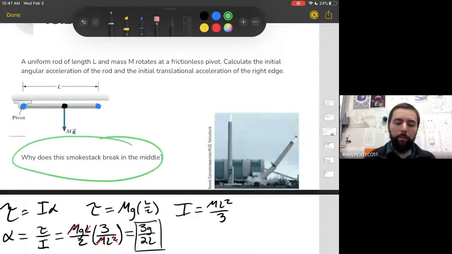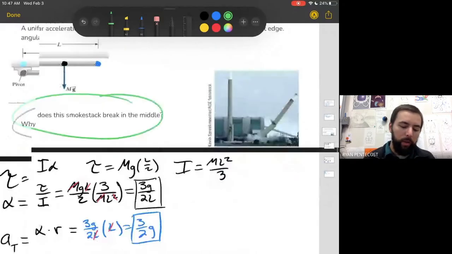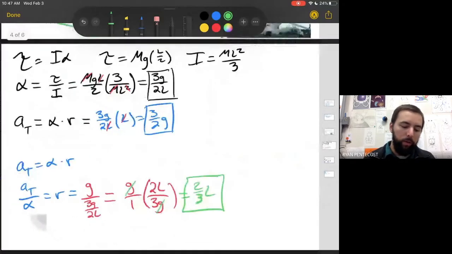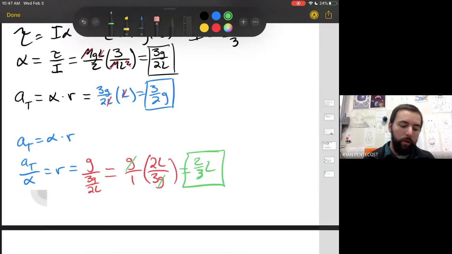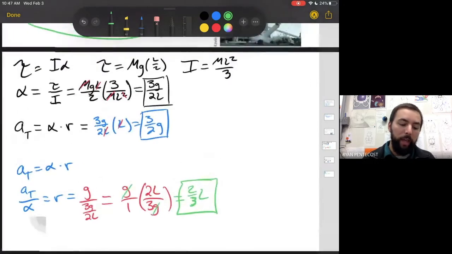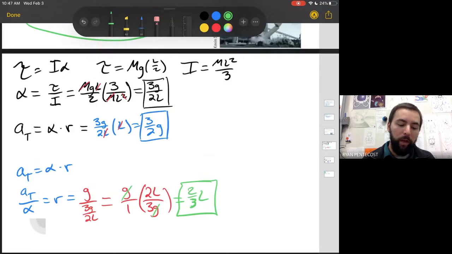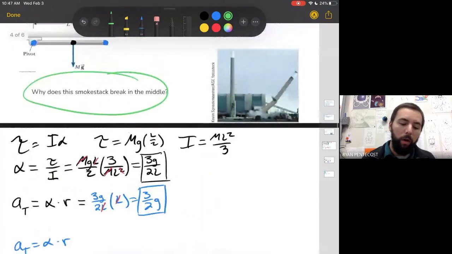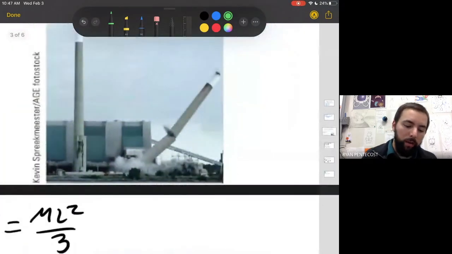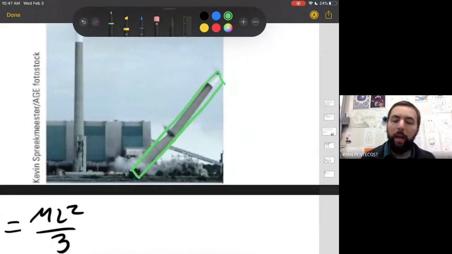So if we're looking at this, we just established that at 2/3 L, it is going to fall at a rate of g, right? But at the end, at the full length L, it's accelerating at 3/2 g, which means that all along this smokestack, before it had broken, at every point you're changing your acceleration piece by piece, right?